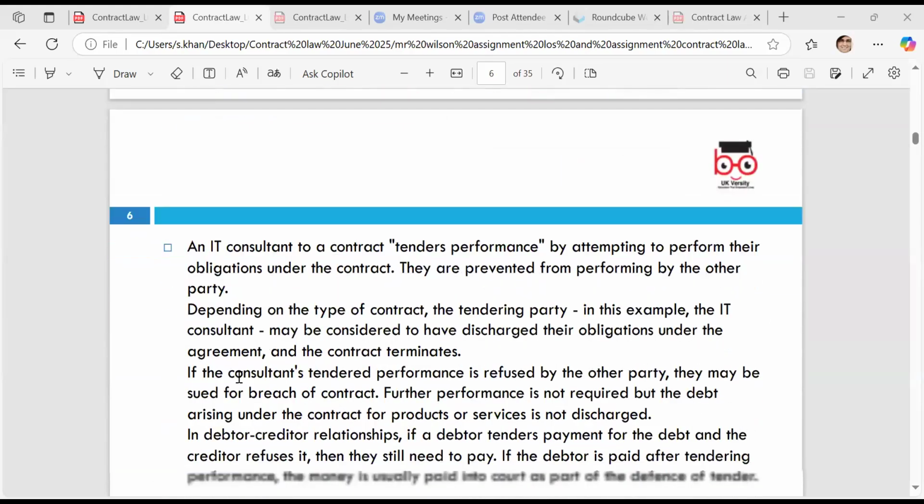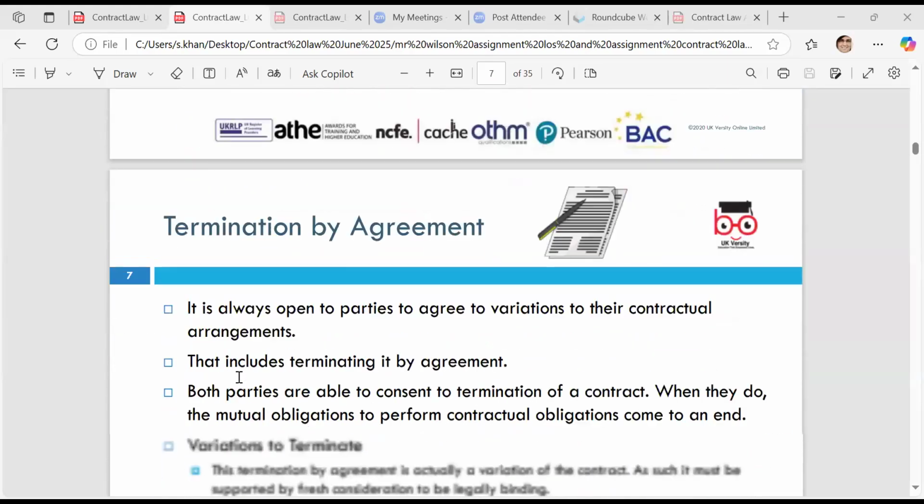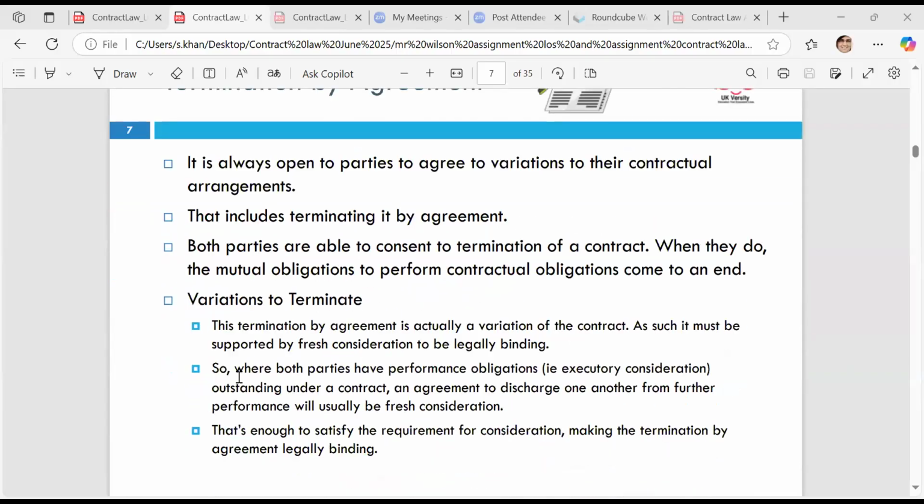Then you've got termination by agreement. This is where parties have mutually agreed to terminate the contractual obligations, and this is achieved through a novation, a rescission, which is cancelling the contract, or accord and satisfaction, agreeing to accept something different than what was originally agreed.